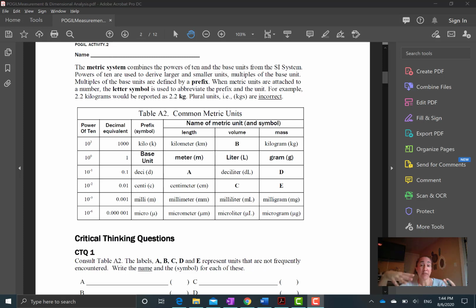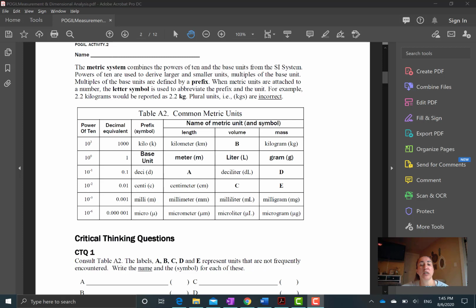So in my videos, I've told you that you do need to memorize and know the metric system and the metric units. I don't like to memorize, you know that, but there are certain things that you do need to know if you're going to be able to do the calculations for the rest of the semester. The metric units are one of those things. So in my video, I said that you need to know several things about one metric unit.